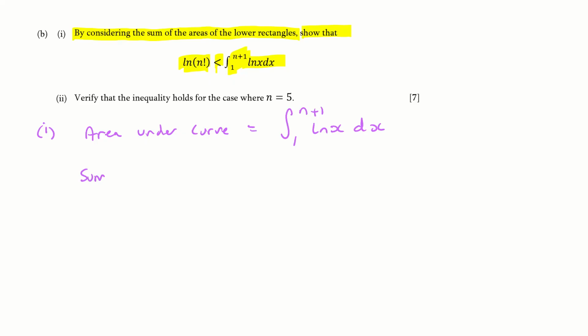So the sum of rectangle areas is going to be ln 2, which is the area of the first rectangle as we showed in part A, plus ln 3 plus ln 4, and so on.